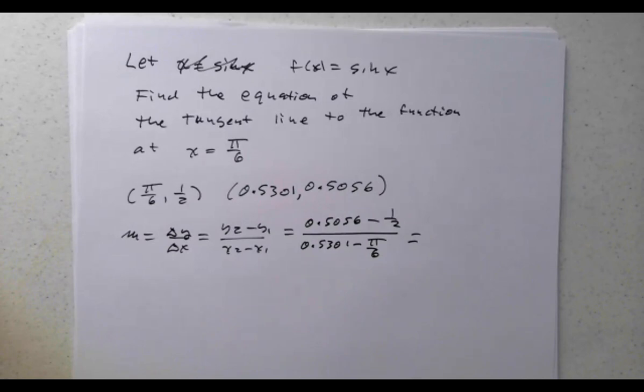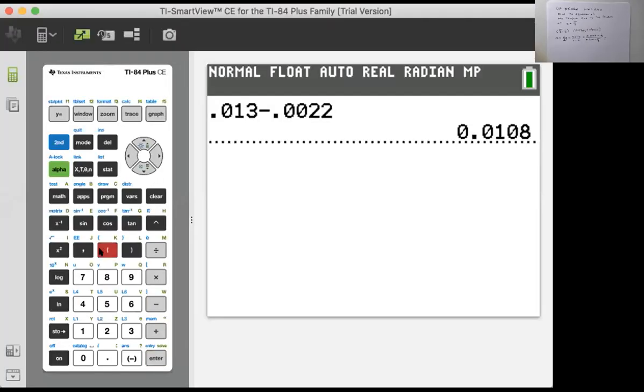Let's pull it up. So up top we have 0.5056 minus 1/2. Divided by, on the bottom, we have 0.5301 minus pi over 6.